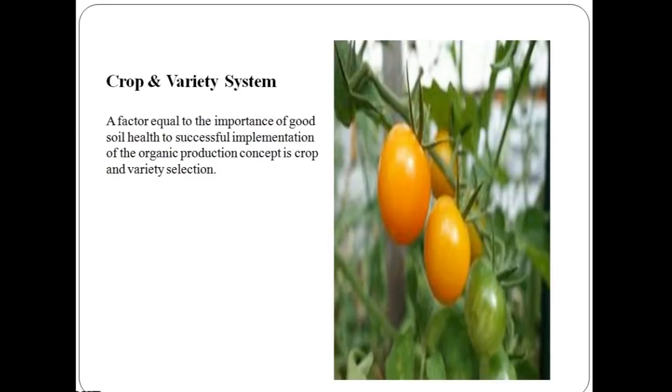Crop and variety selection. A factor equal in importance to good soil health to successful implementation of the organic production concept is crop and variety selection. Pests of all types occur in abundance in most areas of Texas.